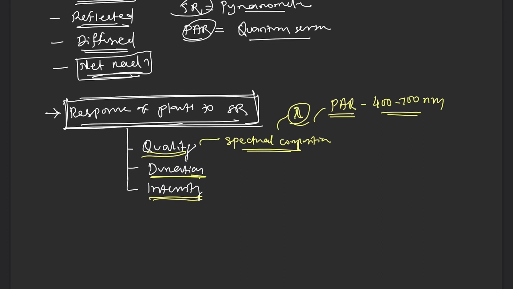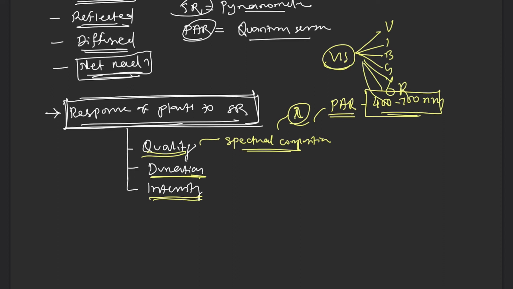In visible radiation we have 7 color bands. What are they? VIBGYOR. From these, the most photosynthetically active band is the blue band and the red band.